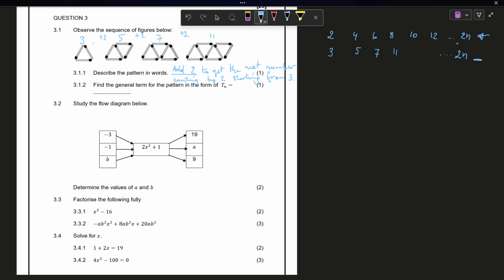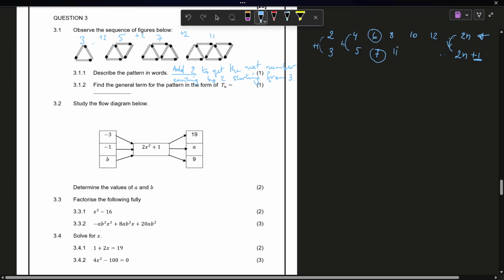It is the original 2n, but we always add plus 1 to get the term. So you have 2n, but to get to the one below, you must add plus 1. Can you see the third term? You've got 6, but the corresponding third term of this sequence is 6 plus 1, and so on.